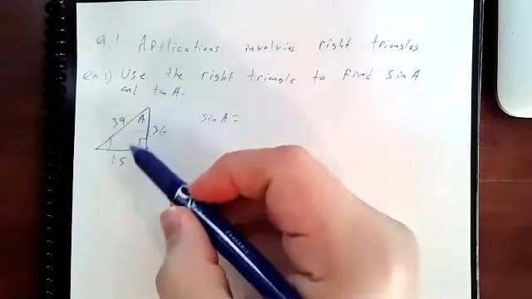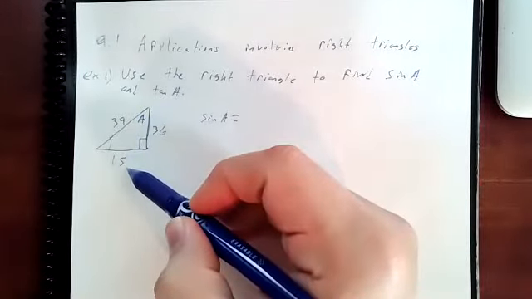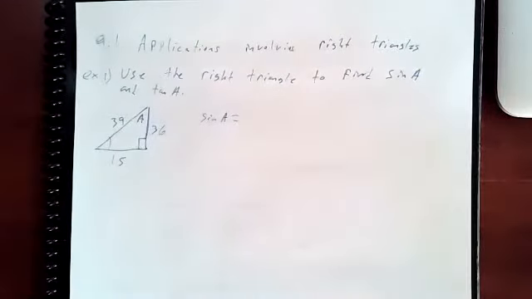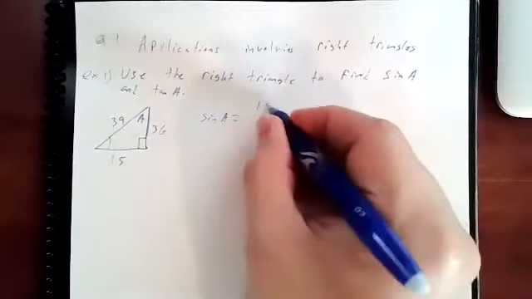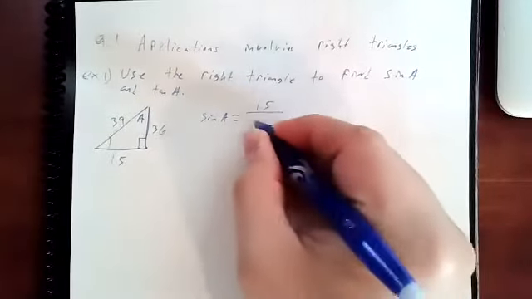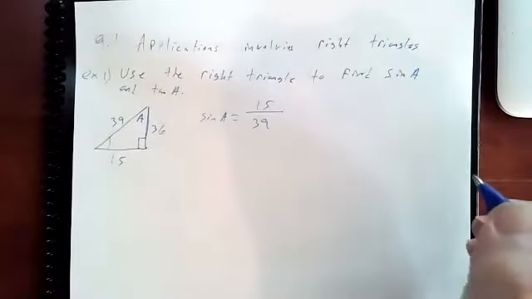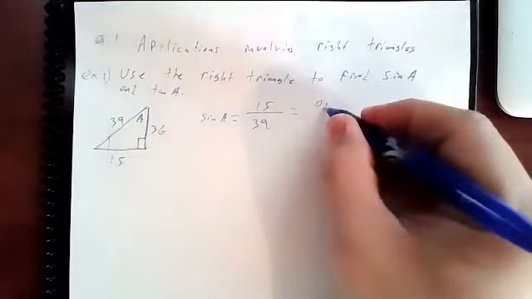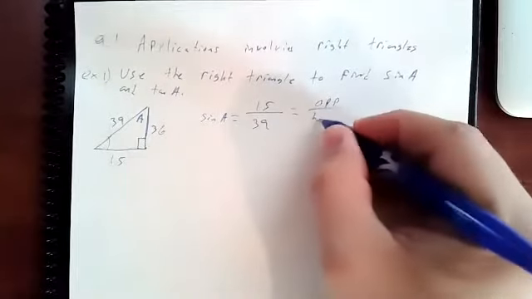So opposite is now down here. You see how that's a little bit different compared to usually we would call it adjacent? So opposite is now 15. Hypotenuse doesn't change though. It's always the same spot. Because the definition is opposite over hypotenuse.